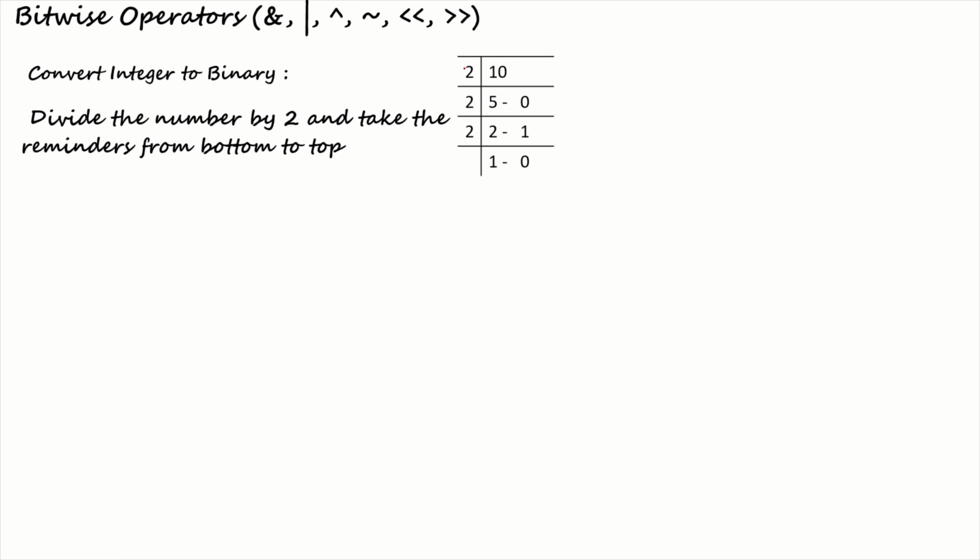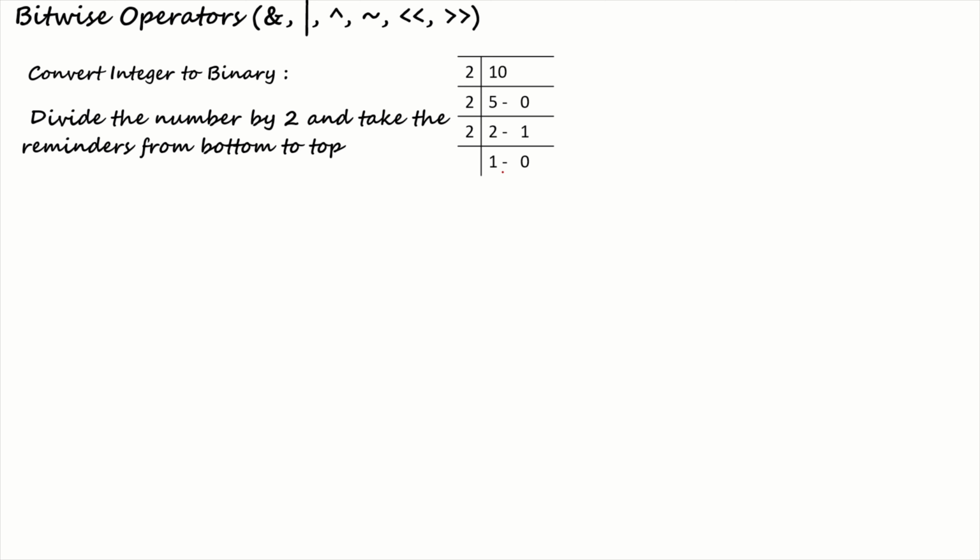I need to divide it by 2, so 2 5s are 10 and the remainder is 0. Again I need to divide this 5 by 2: 2 2s are 4 and the remainder is 1, and so on until it becomes 0 or 1. Now I need to take these remainders from bottom to top, which is 1 0 1 0, my binary digits.